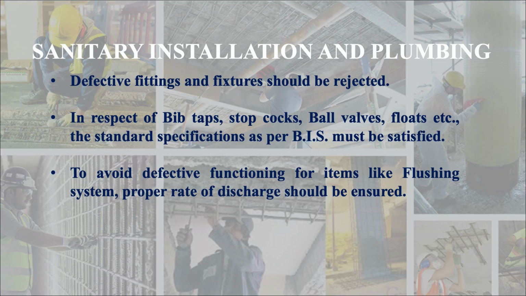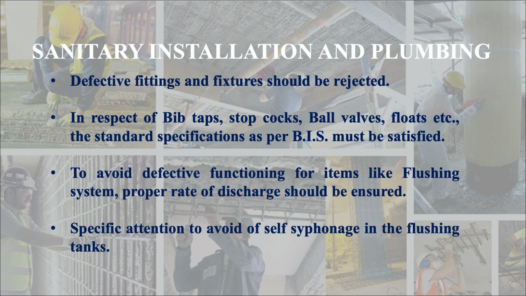Means you use only those fitments which satisfy the IS code specifications. To avoid defective functioning of items like flushing systems, a proper rate of discharge should be ensured. Avoidance of self-siphonage in the flushing tanks must be given specific attention.